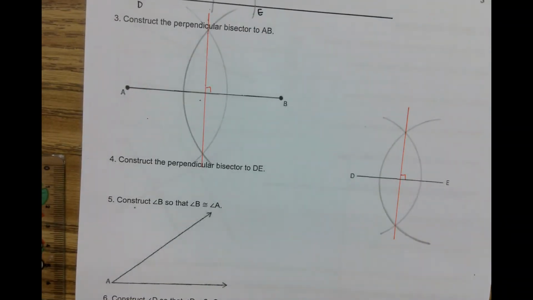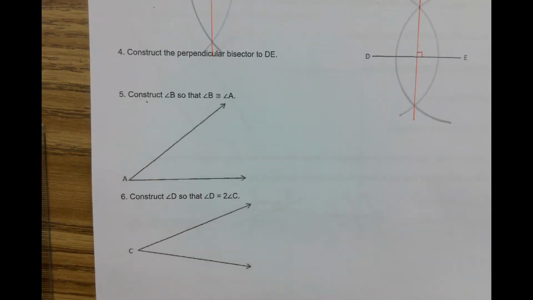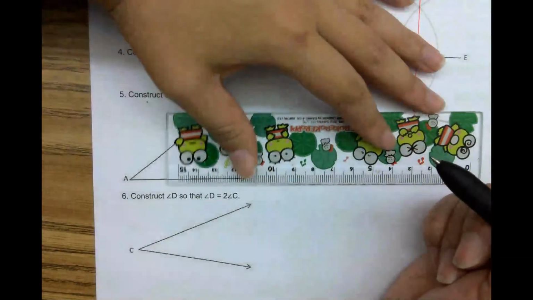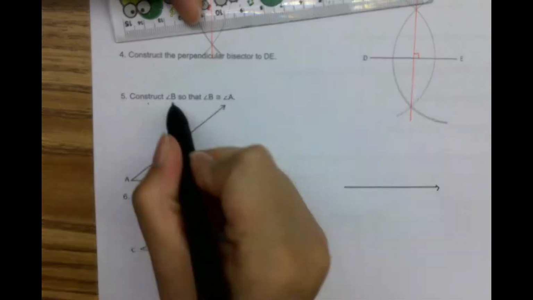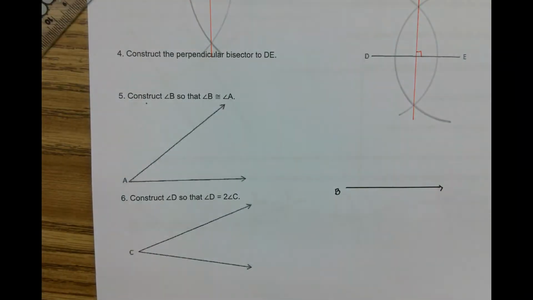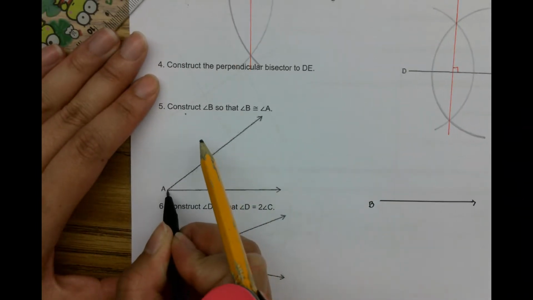Okay. So here's the next one. We're going to construct angle B so that B is congruent to A. So I'm going to start with a ray. It's going to be called angle B. And so here we are copying angle A. So what we do is from A here, we're going to open our compass.